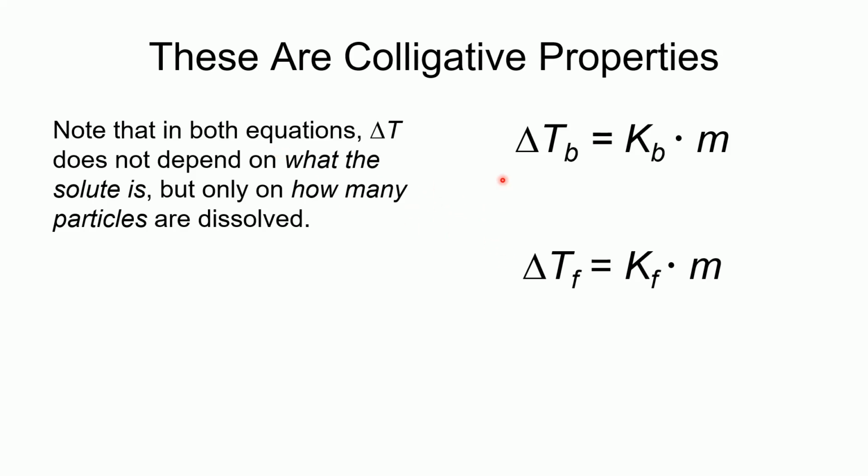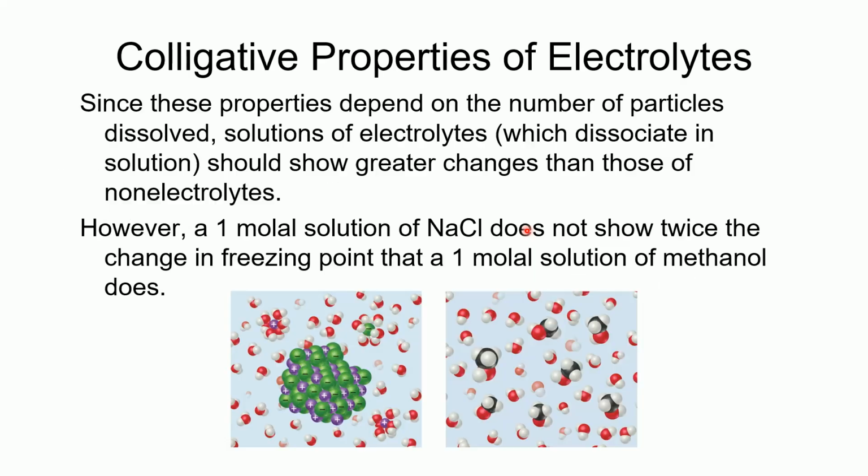The point of this page is that they are colligative properties, and colligative properties depend on how many particles are present, not on the identity of those particles. However, if we have an ionic compound, then we need to pay attention to how many particles there really are, because if you take an ionic compound and dissolve it in water, those ions will dissociate.